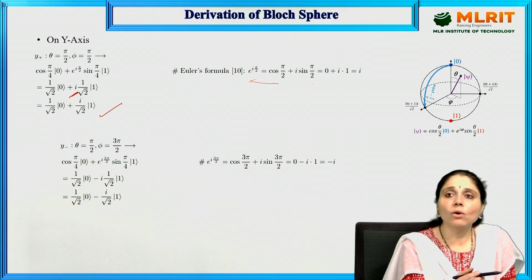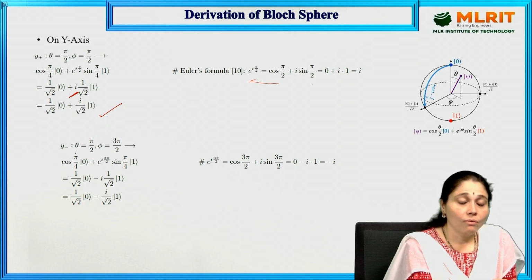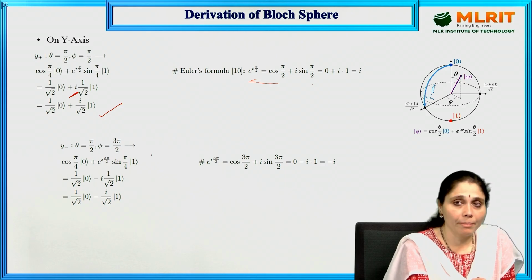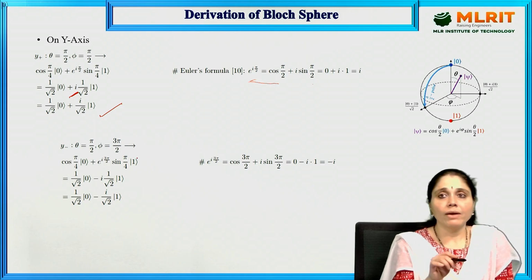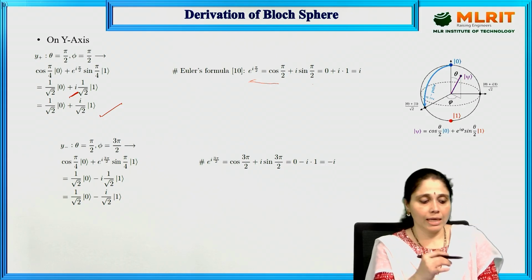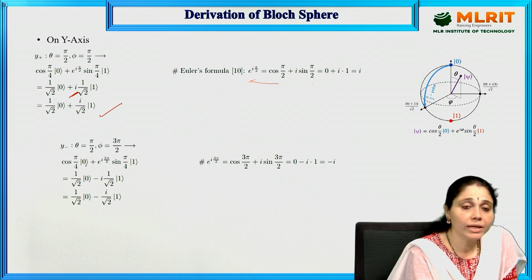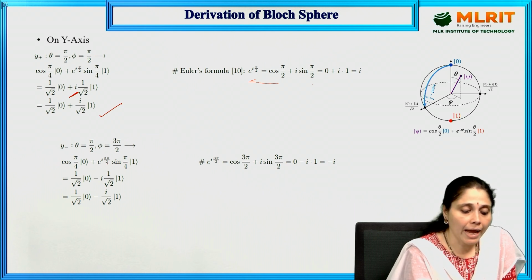Now the negative y-axis. So y minus is theta equals pi by 2, phi equals 3 pi by 2. Phi will be 3 pi by 2 in the other case. So cos pi by 4 ket 0 plus e power i into 3 pi by 2 sin pi by 4 ket 1. So 1 by root 2 ket 0 plus minus i into 1 by root 2 ket 1.